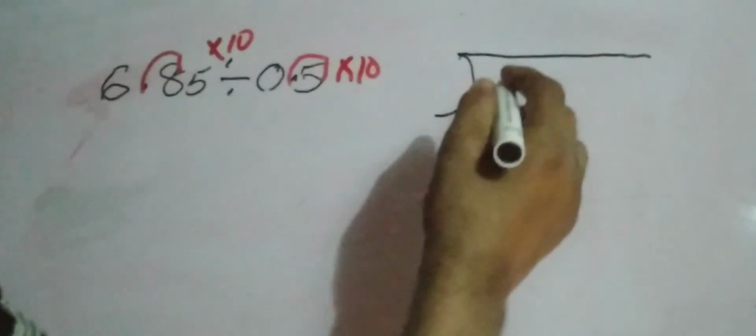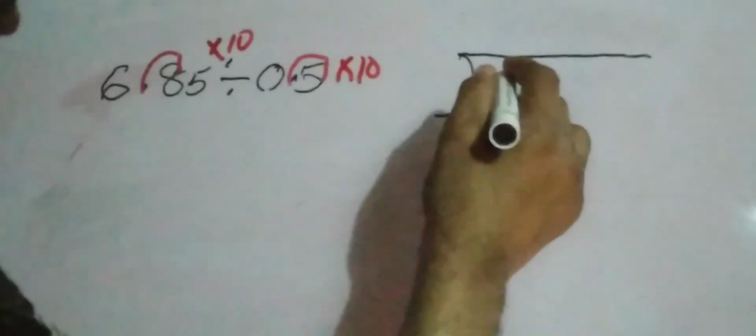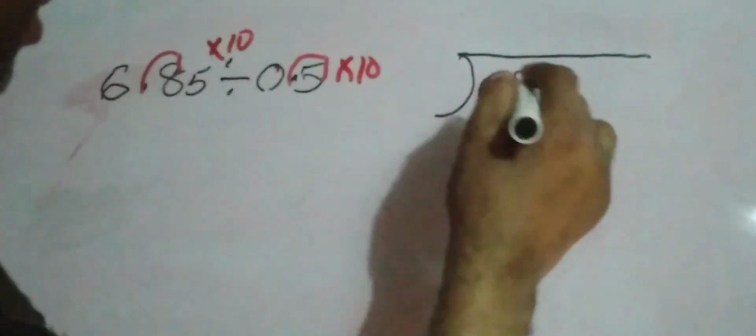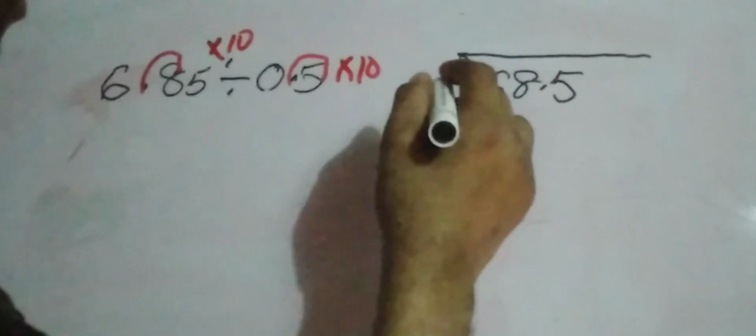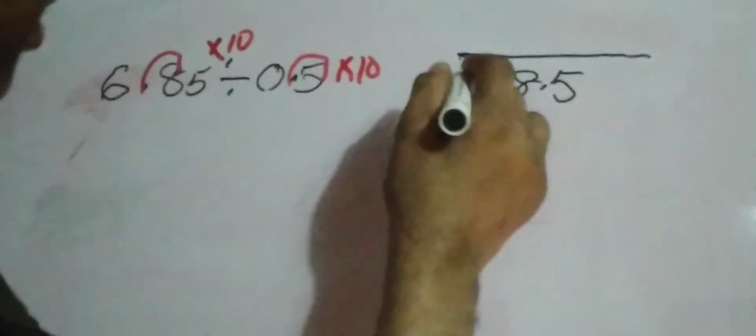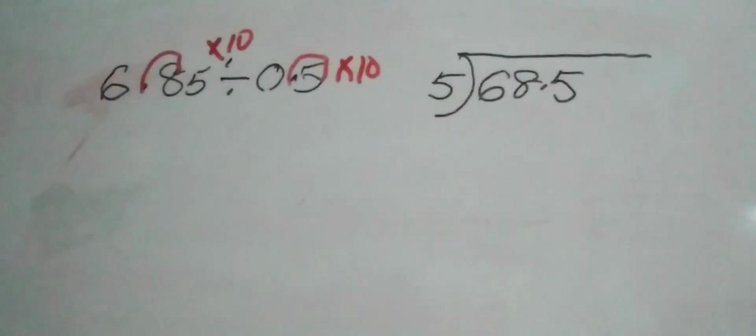The dividend is going to come inside. So it's now 68.5 instead of 6.85 because we have moved the point one place. 68.5 divided by 5, the divisor is now a whole number because we have moved the point one place to the right, so it's just 5. The 0 in front, you know that the 0 does not divide there. So let's divide.